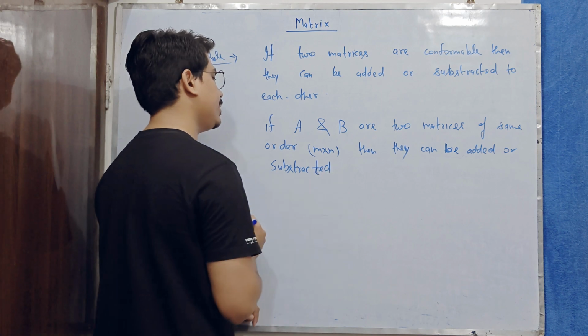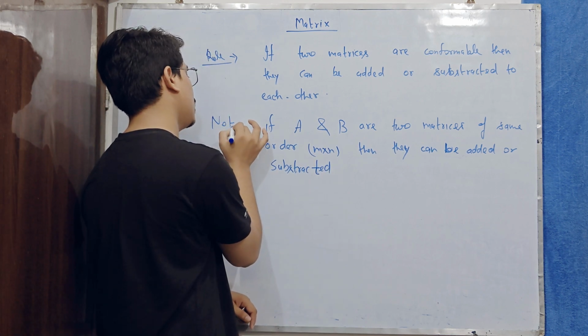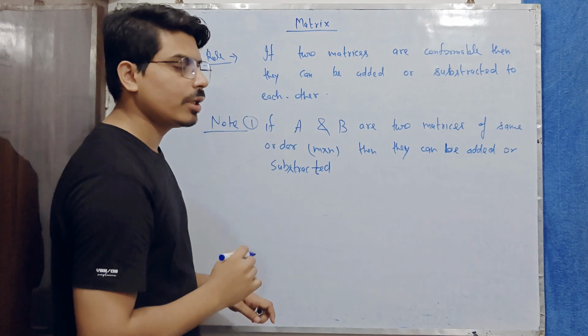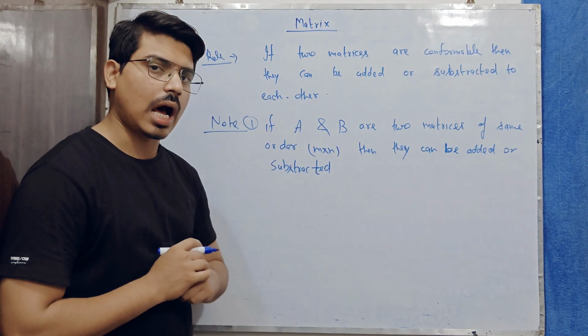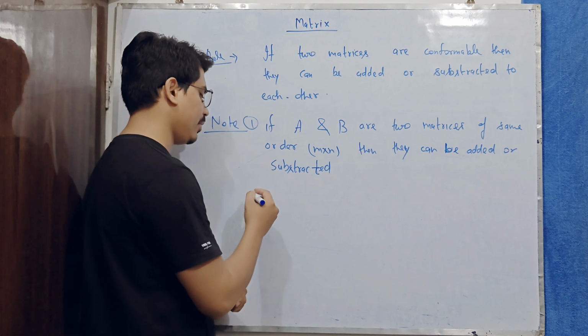Remember this thing, student. This is the note one for you. If A and B have same order, then they are conformable, as I say before.